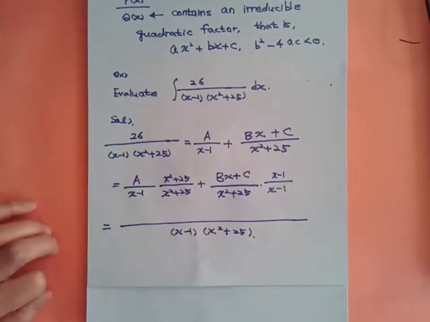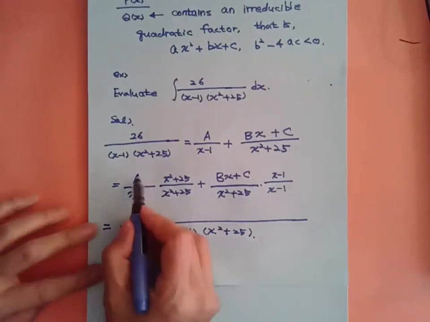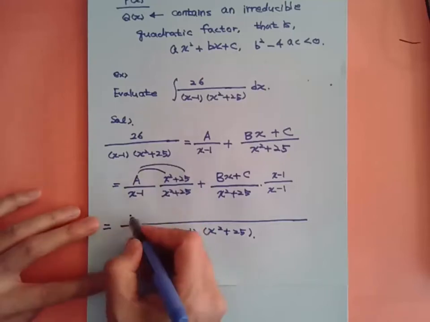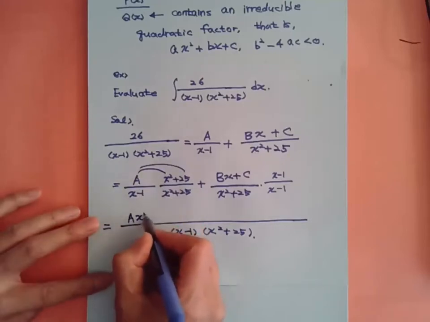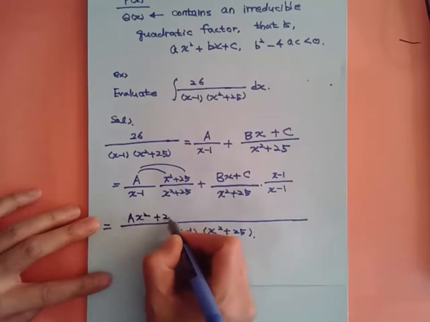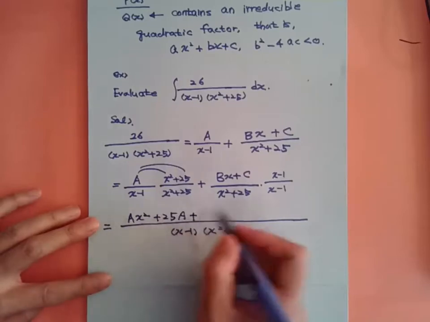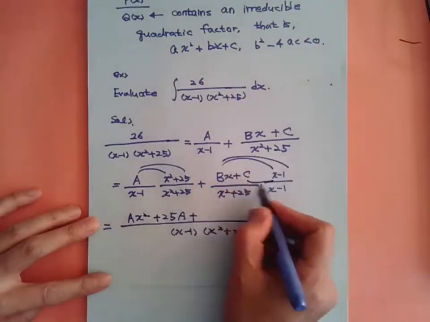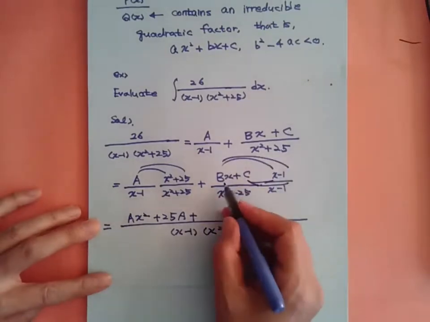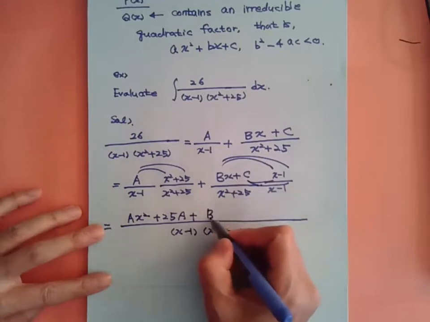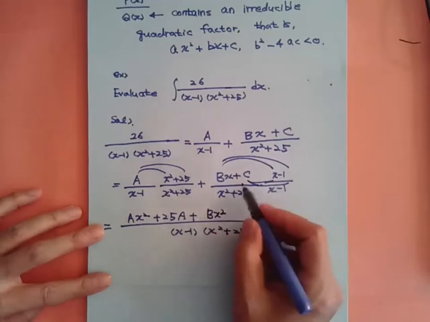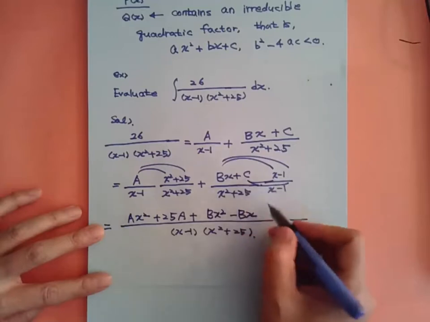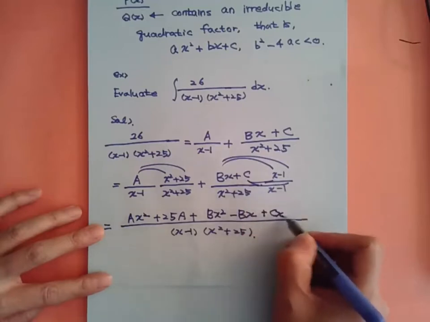Before we combine like terms, we have to distribute. So ax squared plus 25a, plus we will do FOIL: bx squared minus bx plus cx minus c.